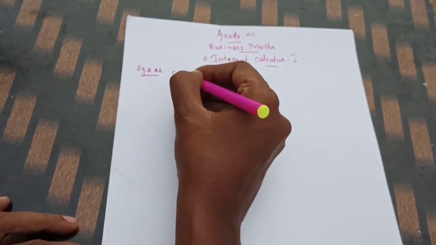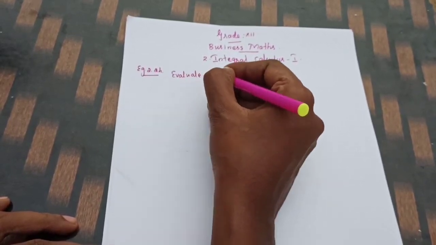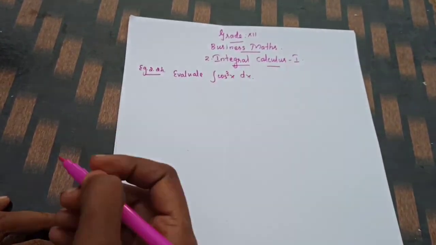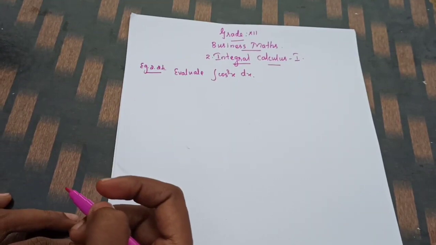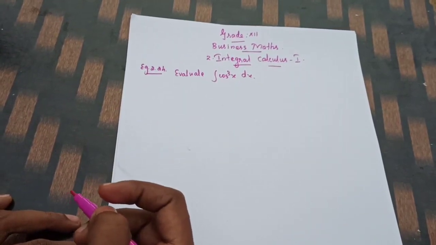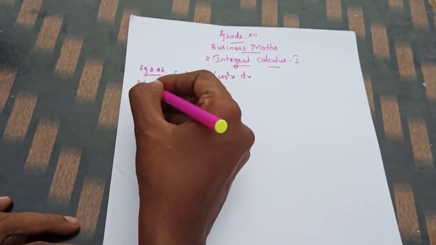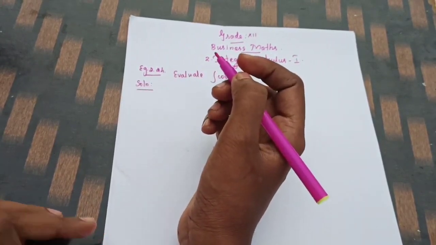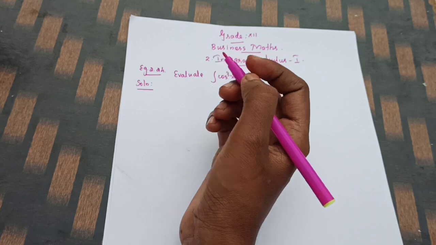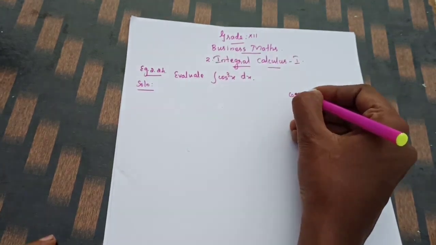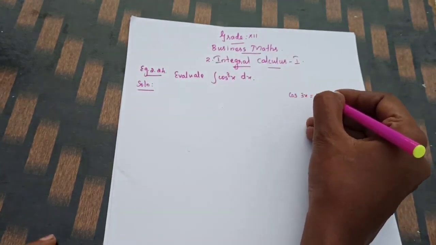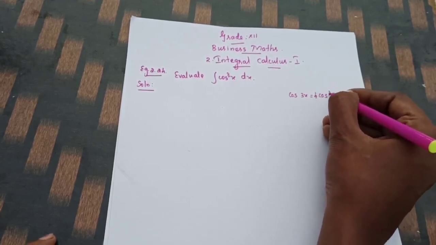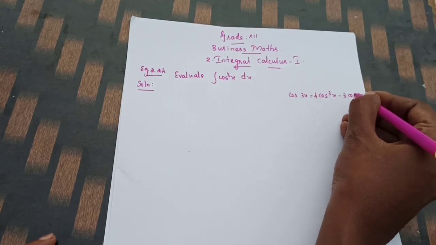The question is: evaluate the integral of cos cube x dx. Solution. First, I need to find out the formula. For that, I am going to write some formulas. You have already learned the formula for cos 3x: cos 3x equals 4 cos cube x minus 3 cos x.